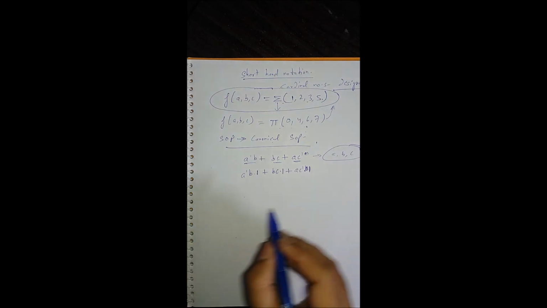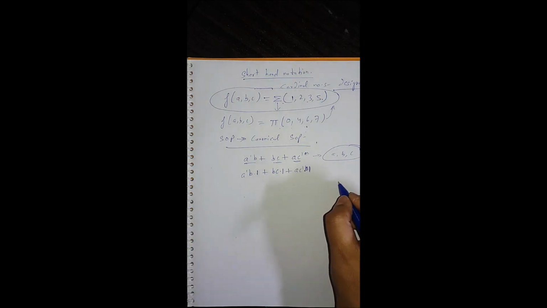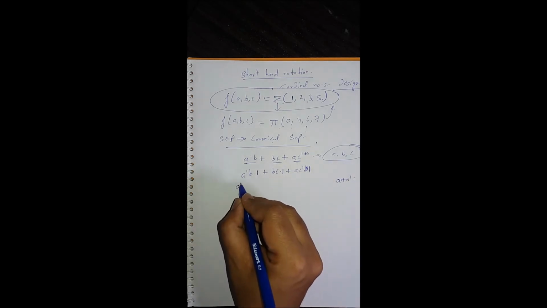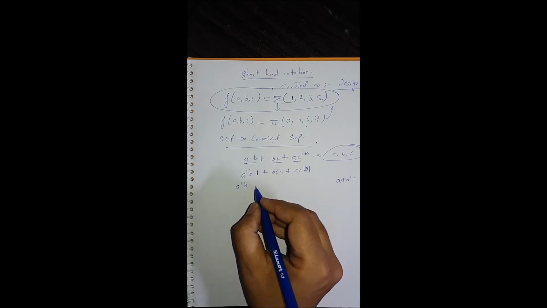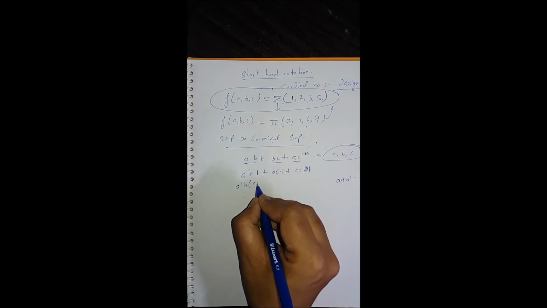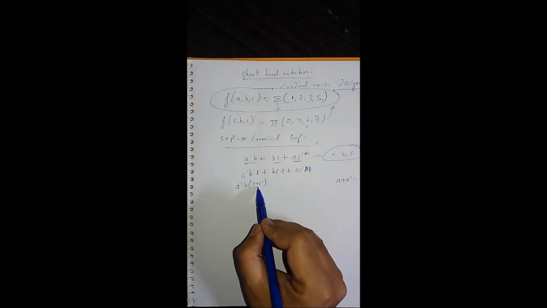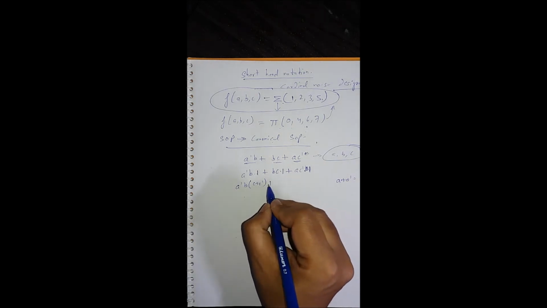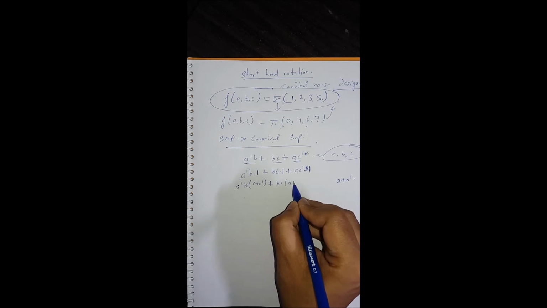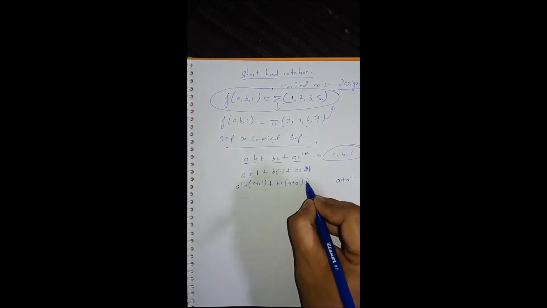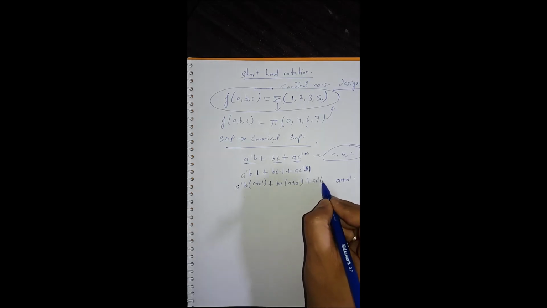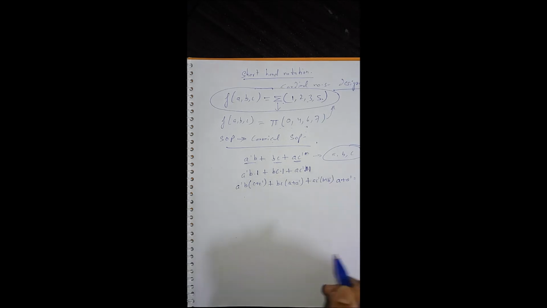Now next step, if you remember the complementarity law, it says A plus A naught is equal to 1. So for each of the ones, replace this 1 by the missing variable applying the complementarity law. So for 1 we will be writing C plus C naught, plus BC into A plus A naught, plus AC naught into B plus B naught.